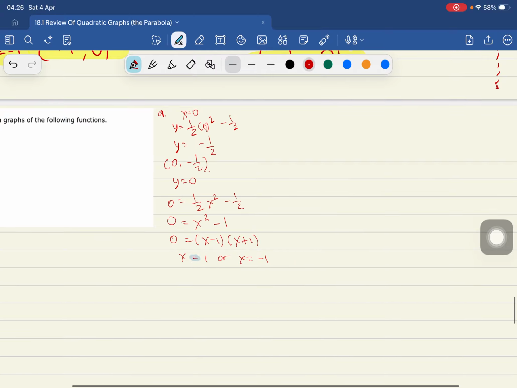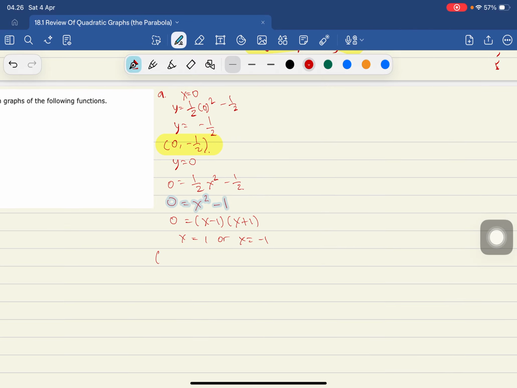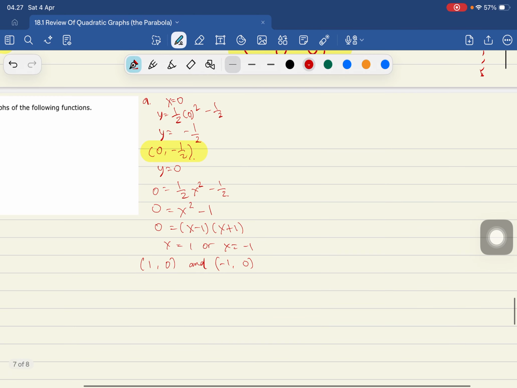Okay, we can just sketch it with the information that we got. When x equals 1, y equals 0, and when x equals minus 1, y equals 0. Okay, we'll sketch.